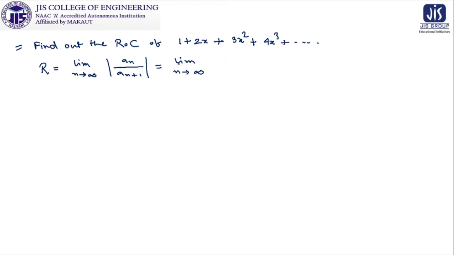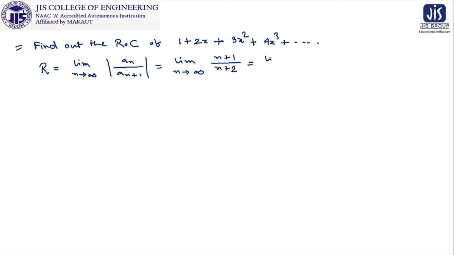So an has the coefficient n plus 1, and an plus 1 has the coefficient n plus 2, because a0 is 1, a1 is 2, a2 is 3, so an will be n plus 1. It is very simple.